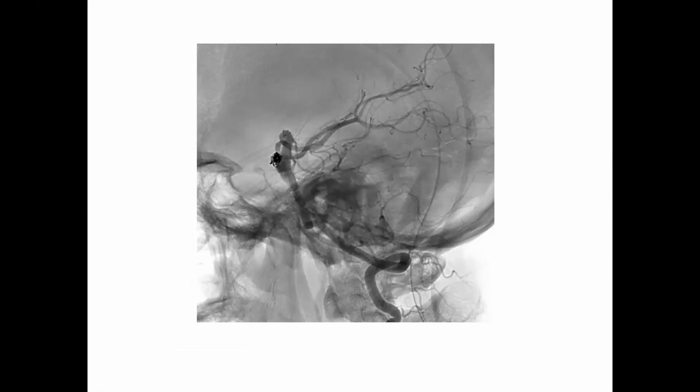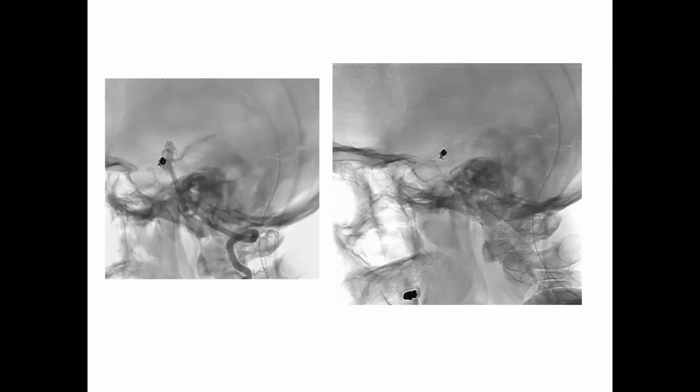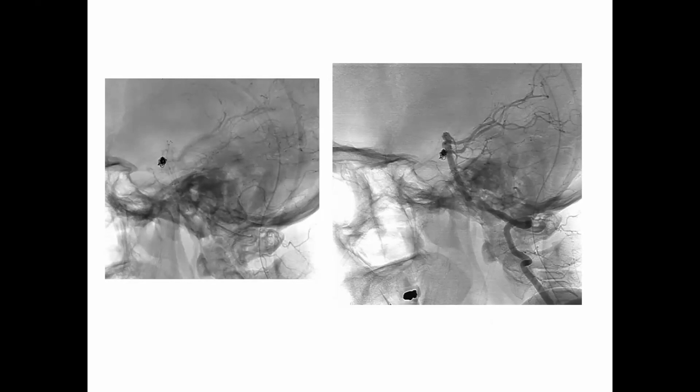This is the flow inside the aneurysm after the second, the endocardiac stent. The flow disappeared. Okay, this is some example of dissecting aneurysm in the vertebrobasilar territory.